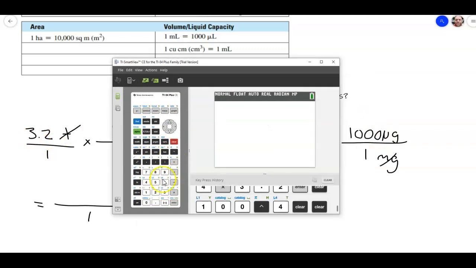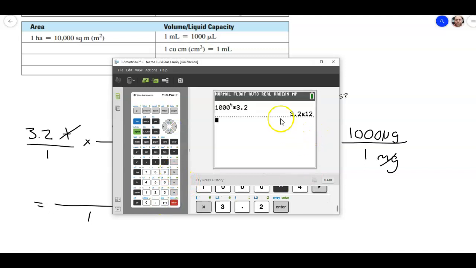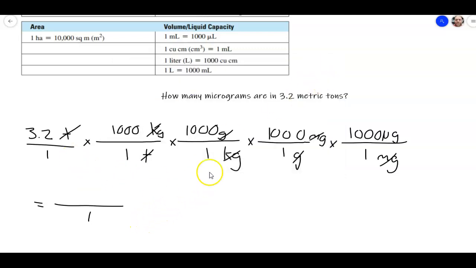So I'm going to make this 1,000 raised to the 4th power, and then that would be times 3.2. All right. And ooh, that is a huge number. So that's 3.2 and e to the 12th means that there's 12 zeros to the right, or you have to move the decimal place 12 to the right.